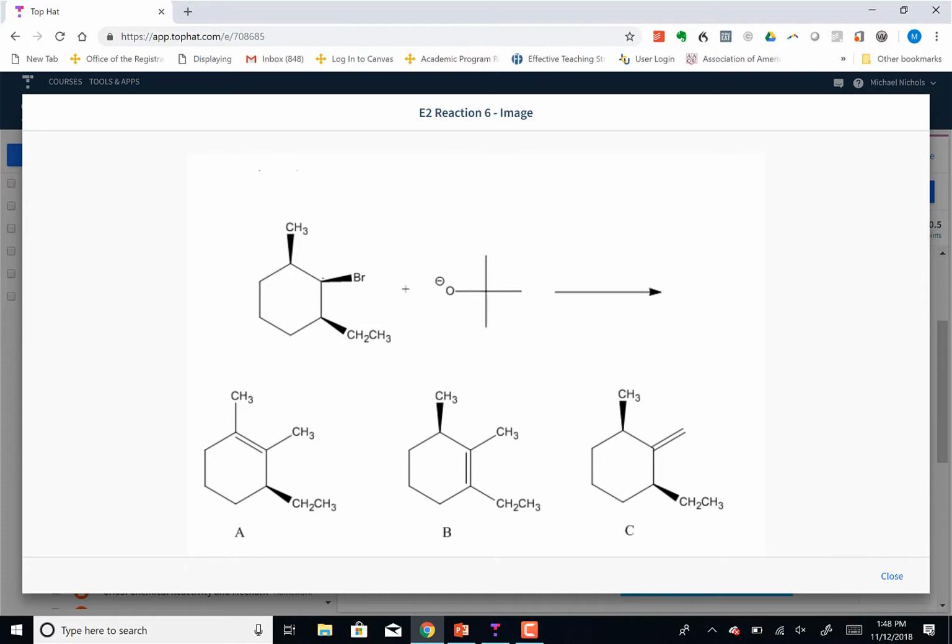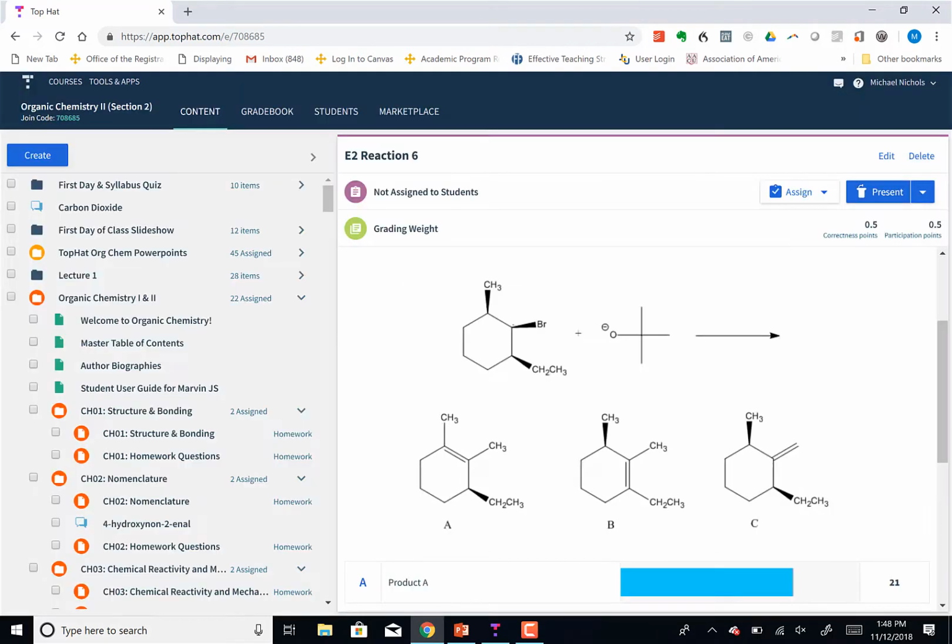Now why? Why'd you choose A over B? But they're both tertiary hydrogens. They're both tertiary.